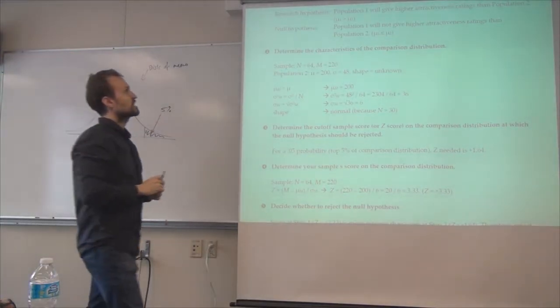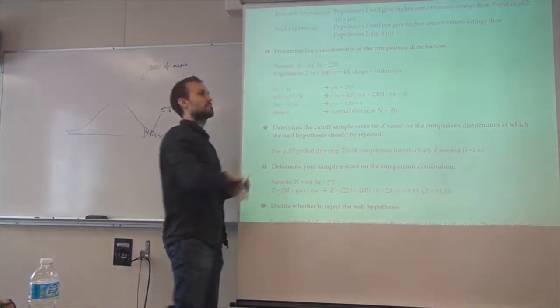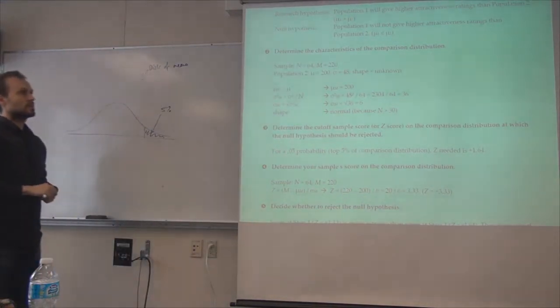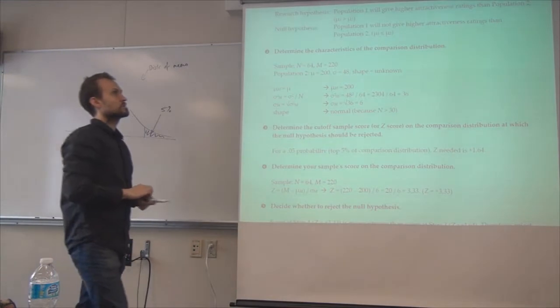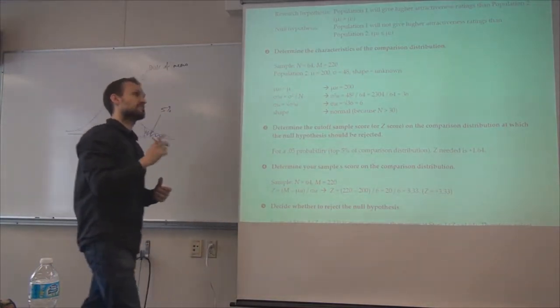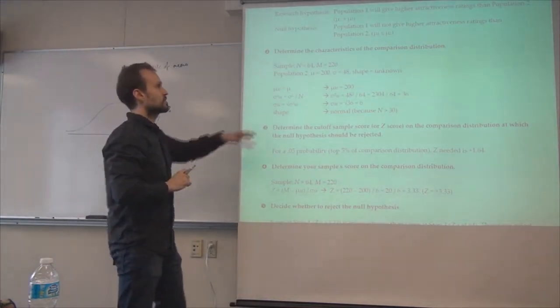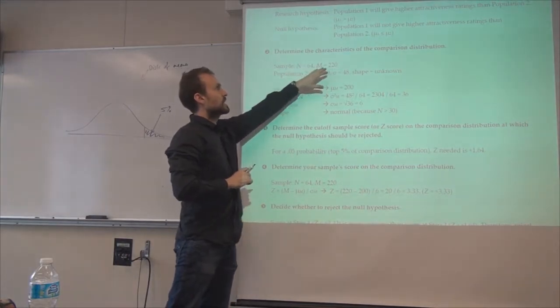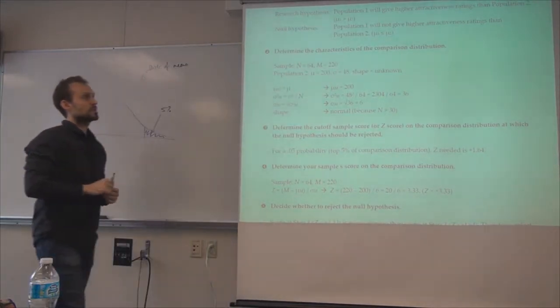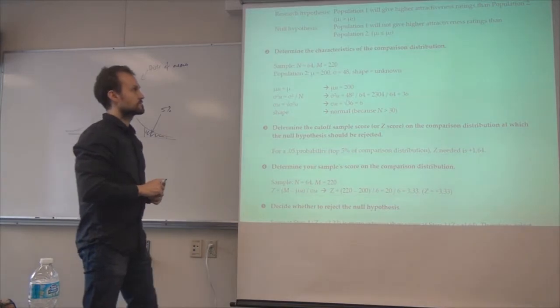But I have to calculate, so I'm going to take, for example, a sample of 64 people to see what the average attractiveness rating is among those people in my sample. And I get a sample mean of 220.